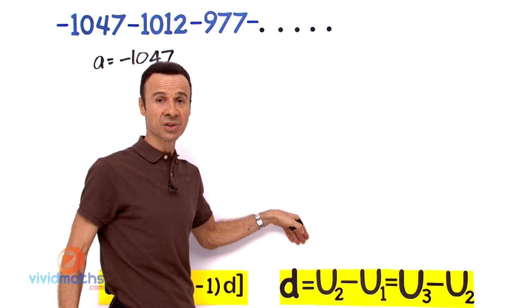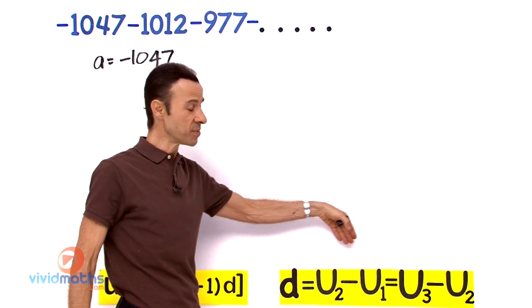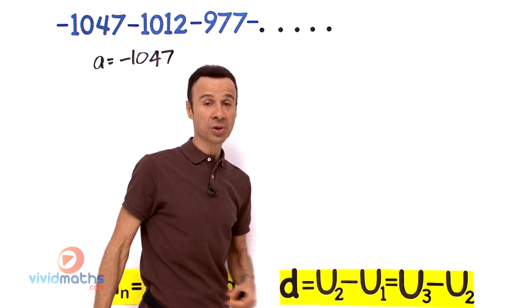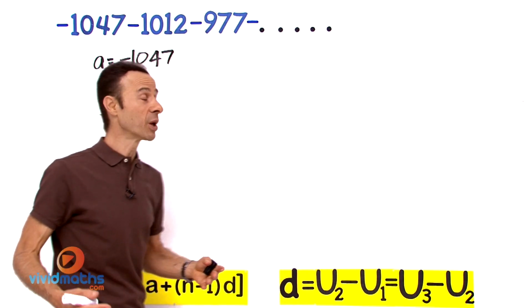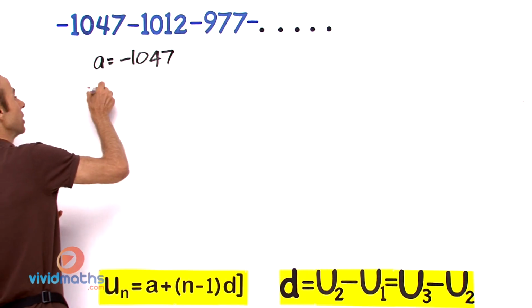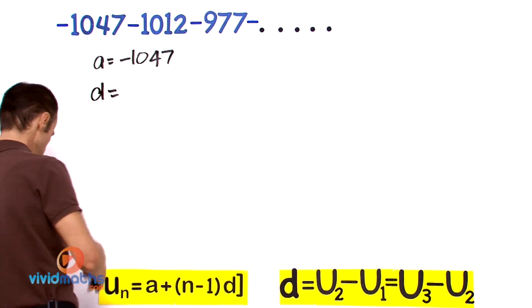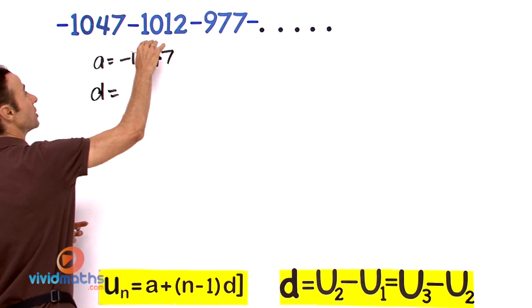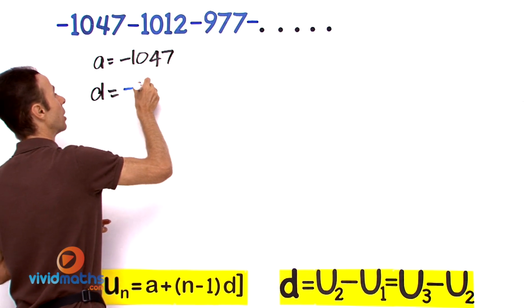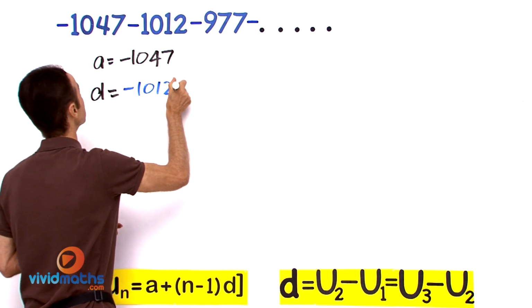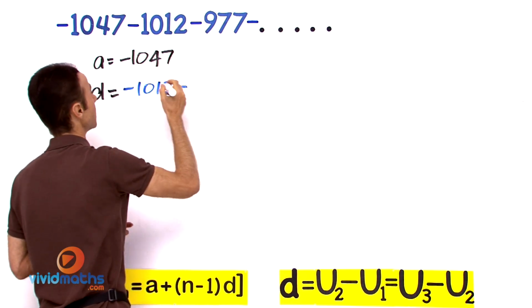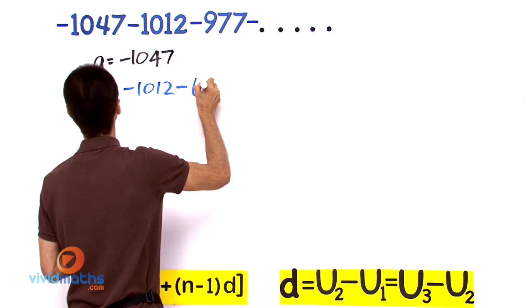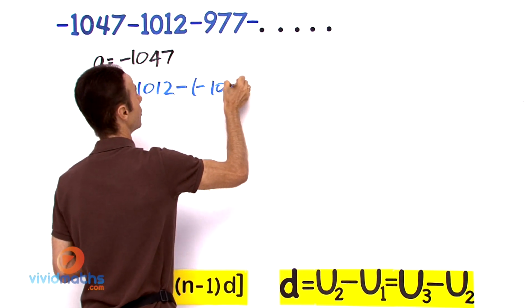Remember, the common difference, just to recap, is the second term subtract the first term, and the third term subtract the second term. So let's work out D. D equals the second term, negative 1012, take away the first term, negative 1047.